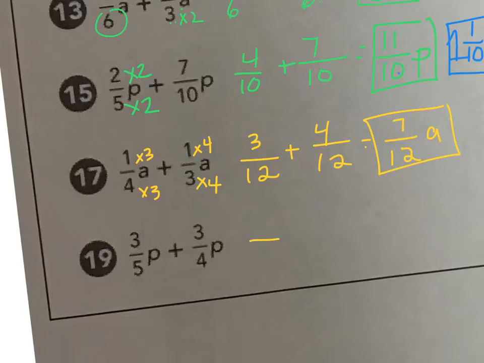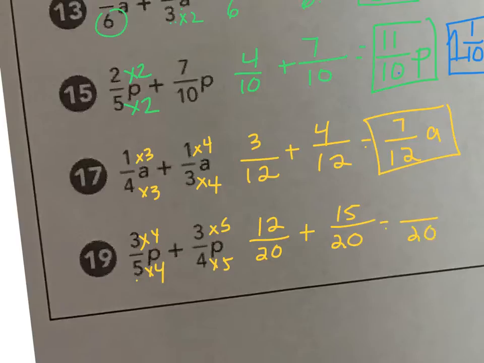Okay, these p's I'm going to put together. I have 5 and 4. The lowest common denominator for both of them is 20. 5 times 4 is 20, so 3 times 4 is 12. 4 times 5 is 20, 3 times 5, 15. 15 plus 12 is 27 20ths p.